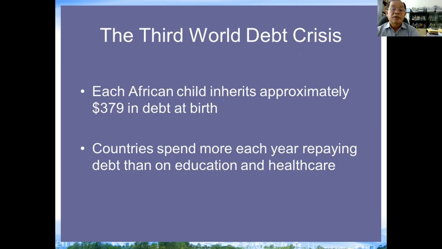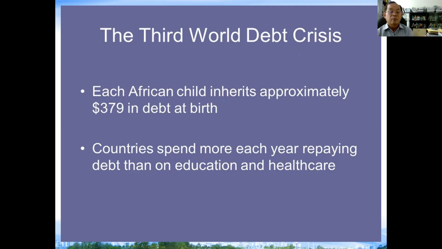Right? This is just another example in East Africa, for example, as a result of the debt crisis. Yeah, each African child, yeah, di benua Afrika inherits approximately $379 in debt at birth. Maksudnya masa dilahirkan sudah dibebankan dengan hutang tadi, karena hutang tersebut adalah hutang yang diambil atau dibuat, ya, oleh orang yang terdahulu.